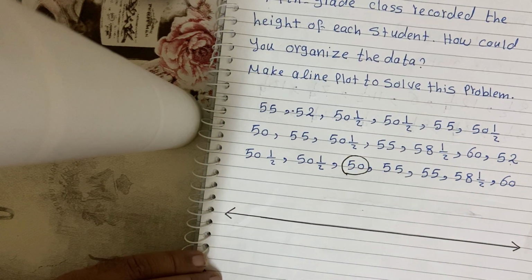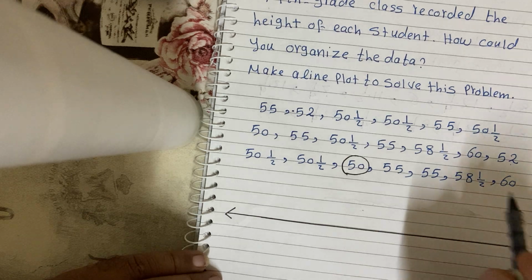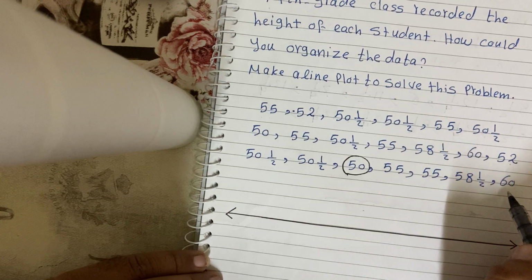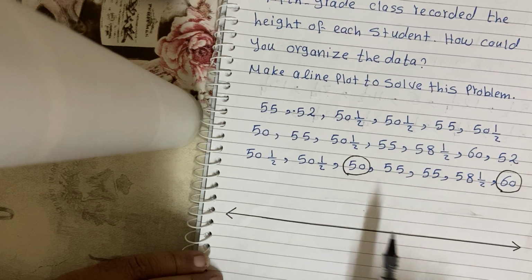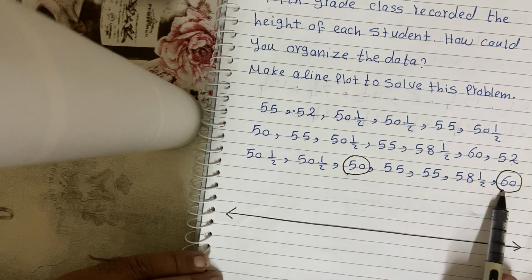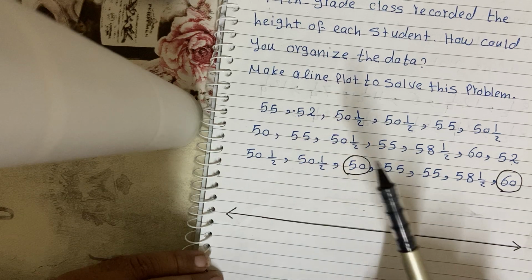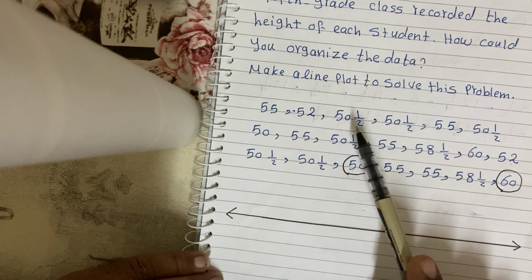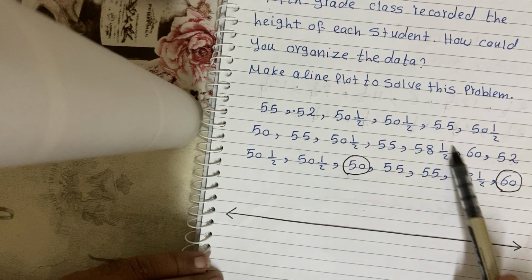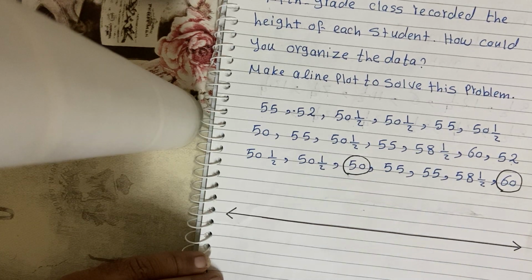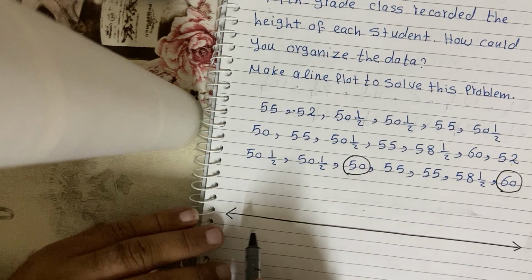What about the biggest number? I think it's 60. So we need a scale between 50 and 60. And don't forget, here you have halves, and so on. So our scale will be like that.